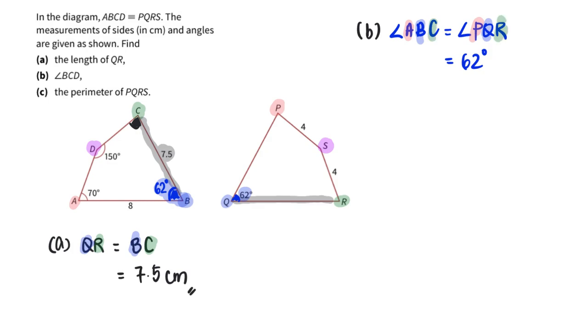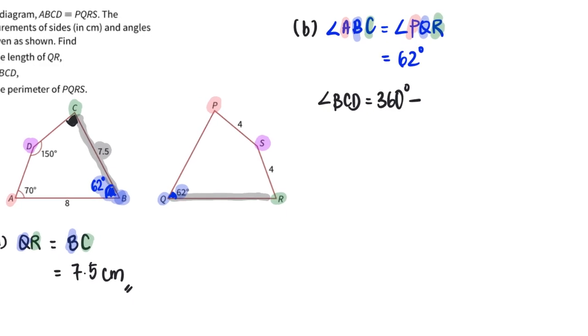And once I have that 62, then I will be able to get my angle BCD, because it is simply 360 degree minus the rest of the three angles. So I'm going to just put it minus 150, minus 70, and minus my 62 degree.